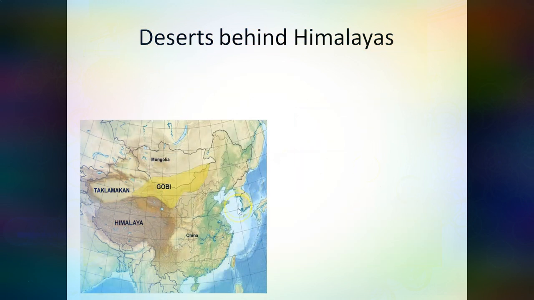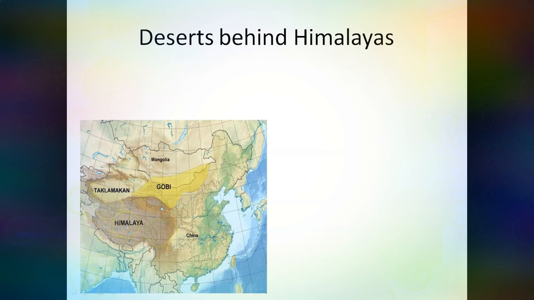Okay, this is a satellite image. It shows Pakistan. This is the Gilgit-Baltistan region of Pakistan. This is the Indian occupied Kashmir. This is India, and this is the Himalayan region.